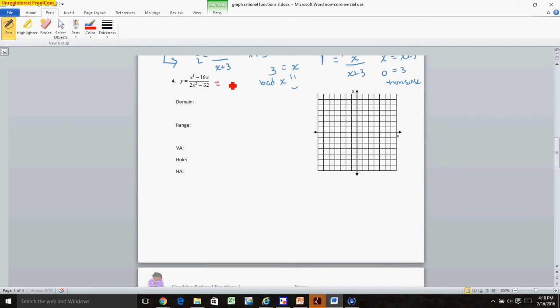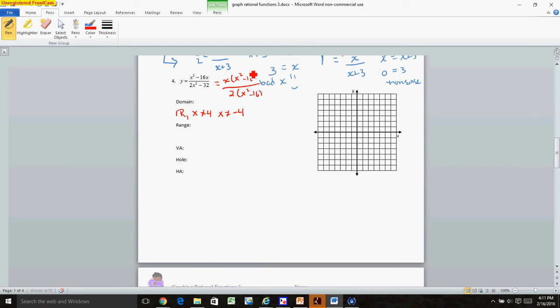Factor out an x and you get x squared minus 16. Factor out a 2 and you also get x squared minus 16. Now those two factors will cancel out, but I hope that you can see that there are actually 2 bad x's that go with those factors, right? X cannot equal 4. X cannot equal negative 4.